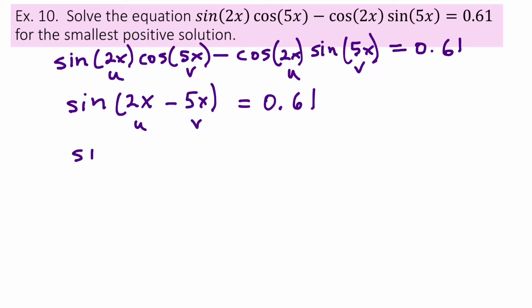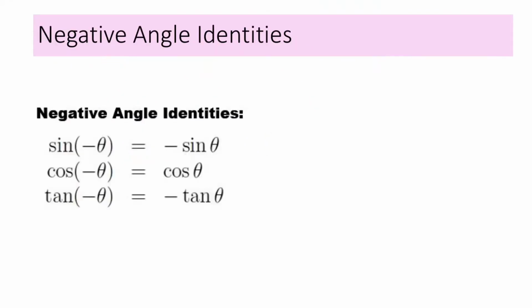So now let's combine those two. So I have the sine of negative 3x is equal to 0.61. All right, so I've got that negative inside the parentheses there, so I can utilize my other identities that we talked about earlier. So let's go back to that page. So on this page, I know that the sine of a negative angle is equal to the negative of sine of the positive angle.